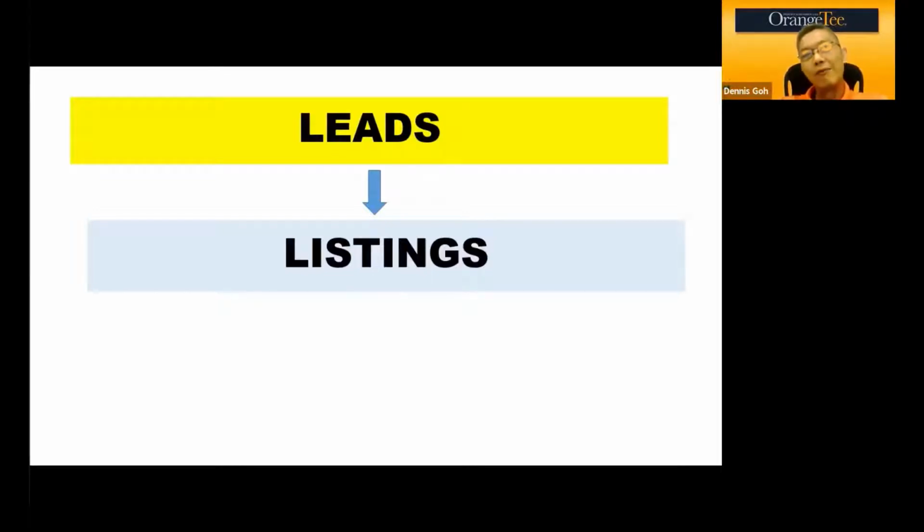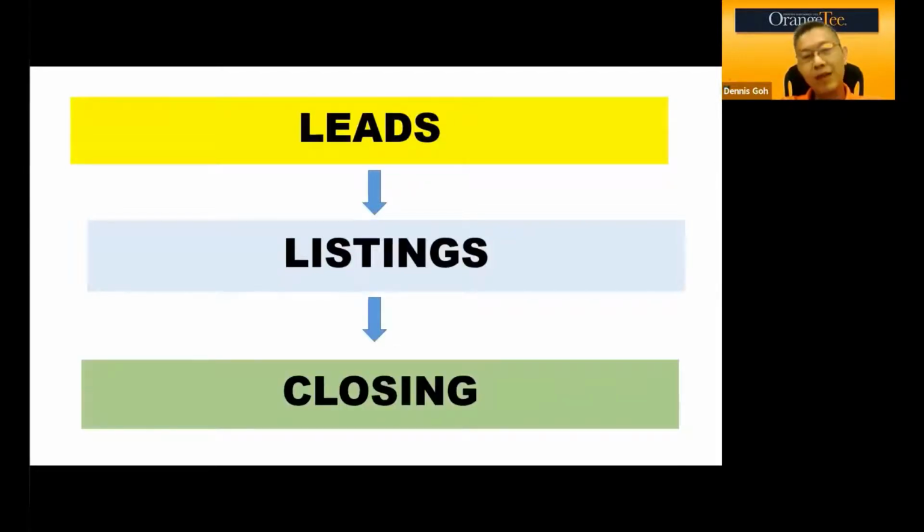And from all these listings that we are holding and serving, eventually we convert them into a closing, right? If we want to be consistently closing every week or every month, what we need is this closing.